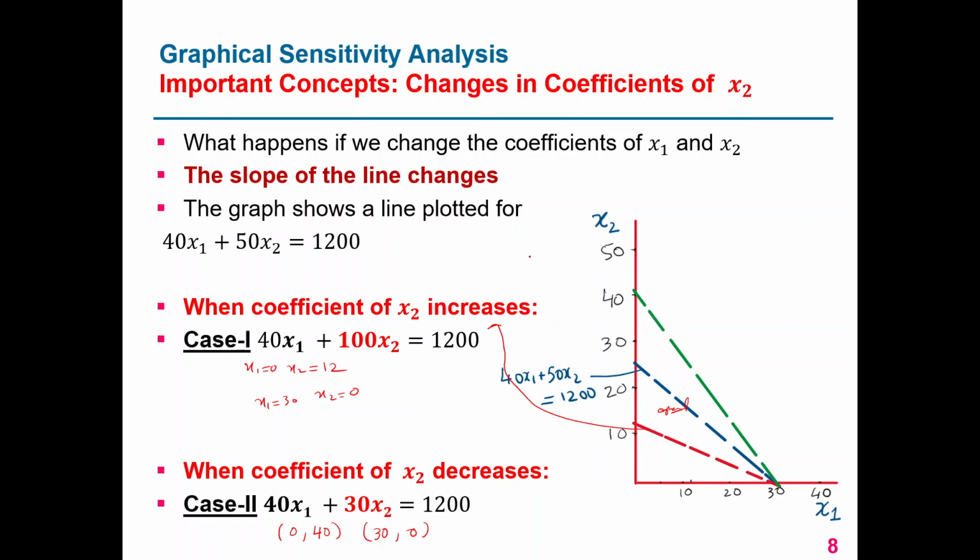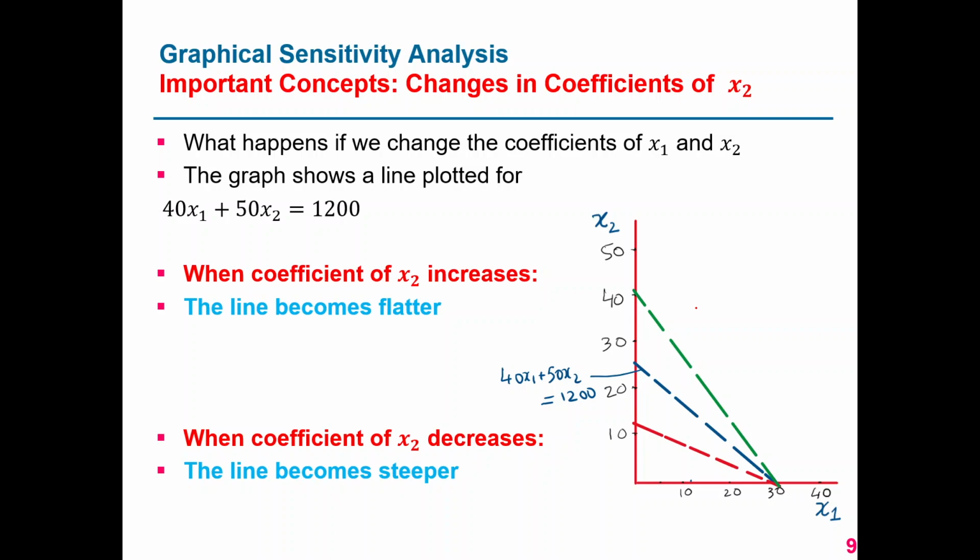You can see the line has become steeper. Based on this discussion, we can say for x2, whenever the coefficient of x2 increases, the line becomes flatter. Whenever the coefficient of x2 decreases, the line becomes steeper.